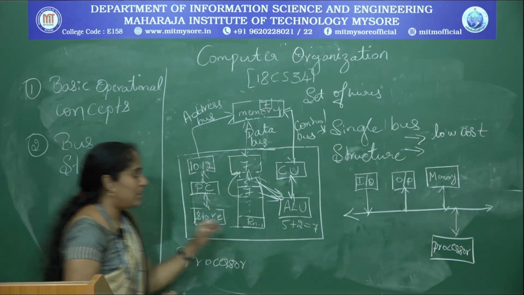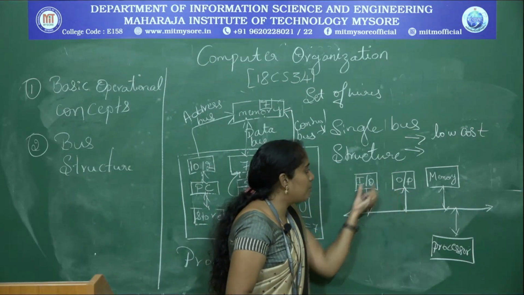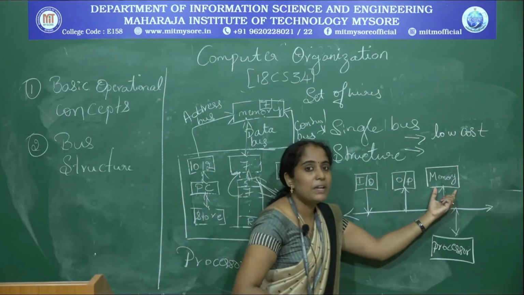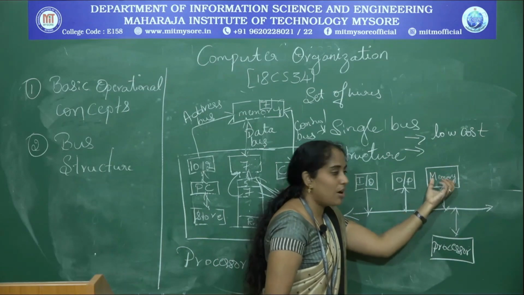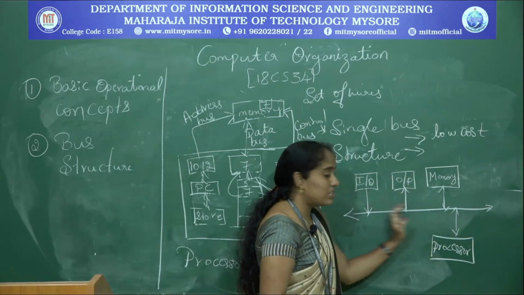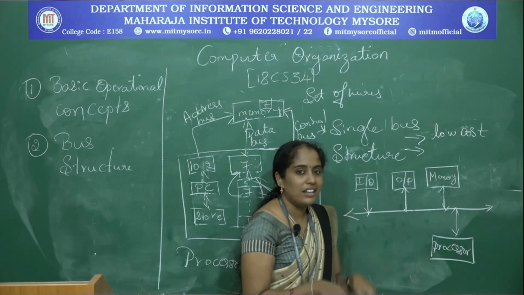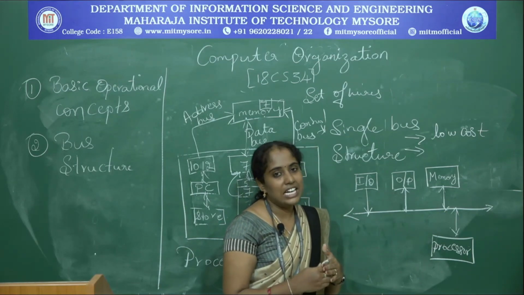Take another example, for example a printer, right. Compared to input and output devices, memory speed is high, and compared to your memory, your processor speed is high. So how will these operations be synchronized? For that we need a buffer.